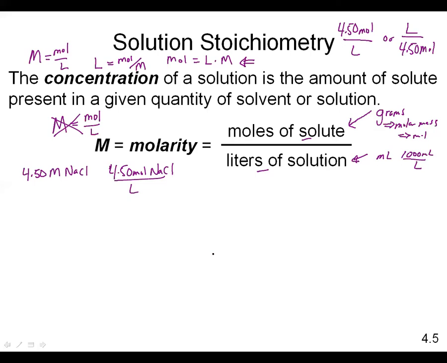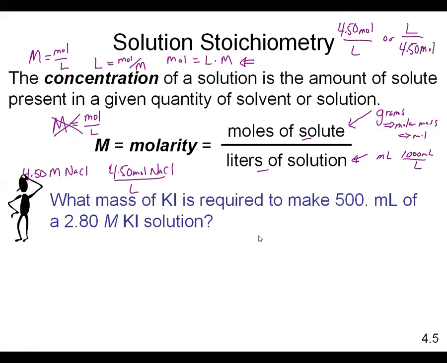So I think we might have one here, maybe. So why don't you give this a try? What is the mass of KI that's required to make 500 milliliters of a 2.8 molar solution? K on the periodic table is 39.10, and I is 126.9.